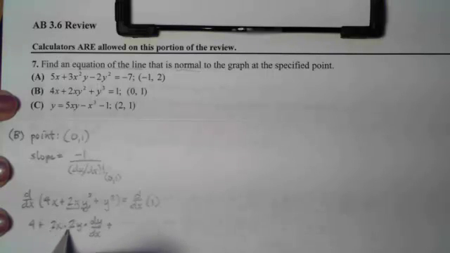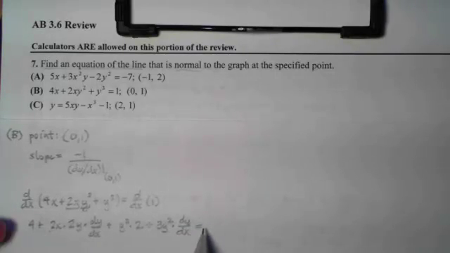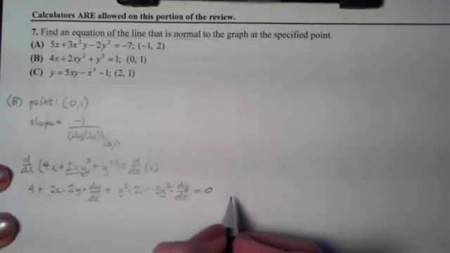So there's the first times the derivative of my second plus the second times the derivative of my first. Move through the addition, hit the power again, and multiply by the derivative of the y. And then on the right side, I have the derivative of the constant, which is 0.